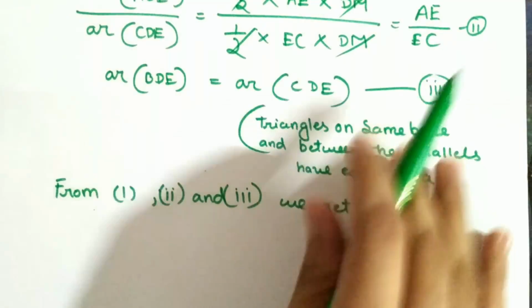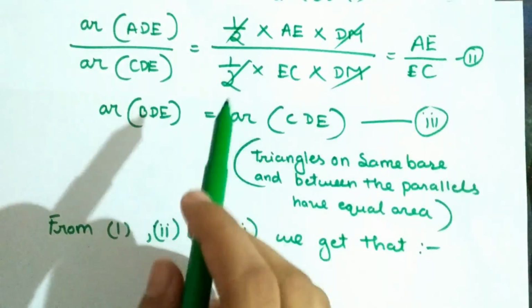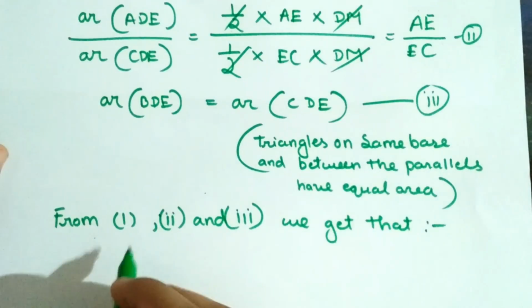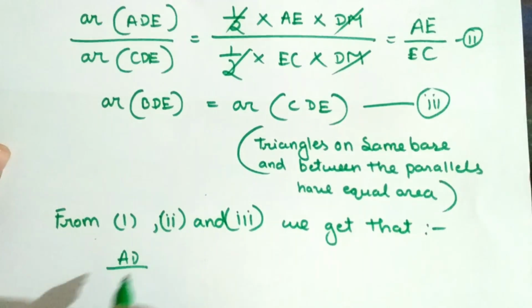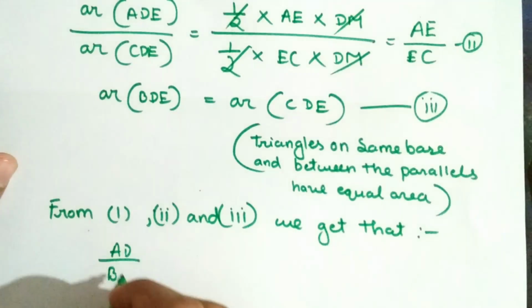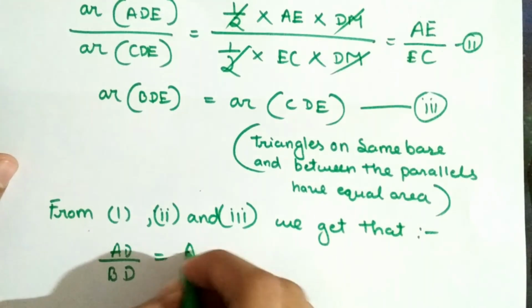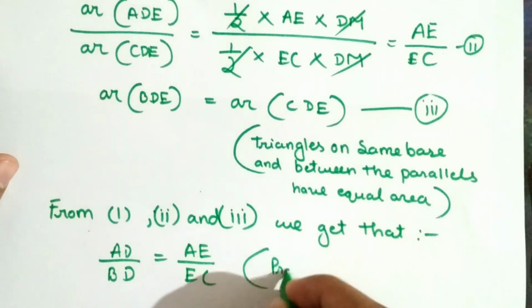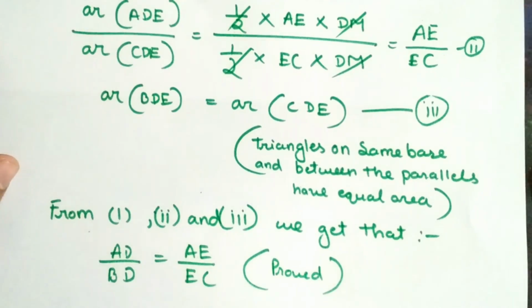AD by BD is equal to AE by EC, hence proved. Guys, why this happened?